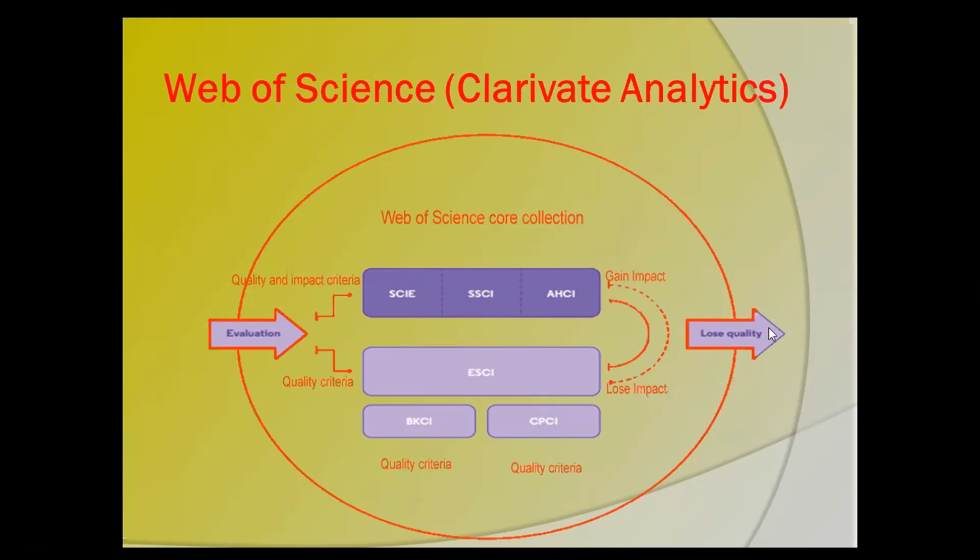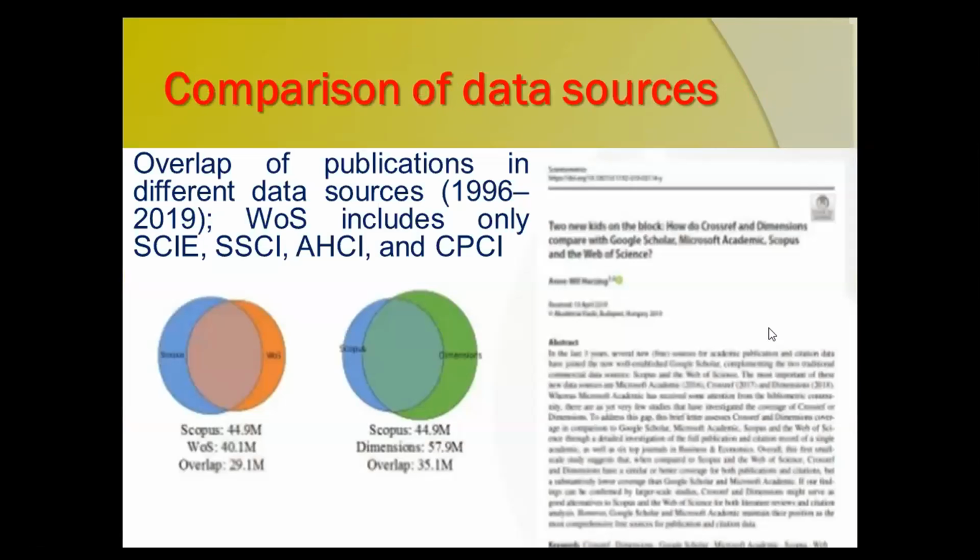So many Indian journals are out of the Web of Science. Regarding the combination of the two data sources, Web of Science and Scopus, over the publications in different data sources from 1996 to 2019, in the Web of Science Core Collection, Scopus is 44.9 percent, and Web of Science is 41 to 42.1 percent, but the overlap with Scopus is increased to 57.9 percent.